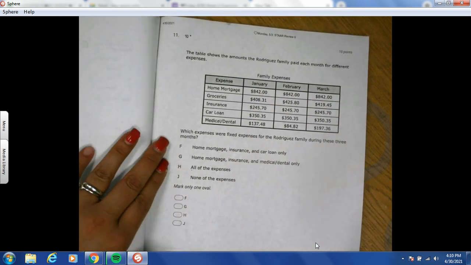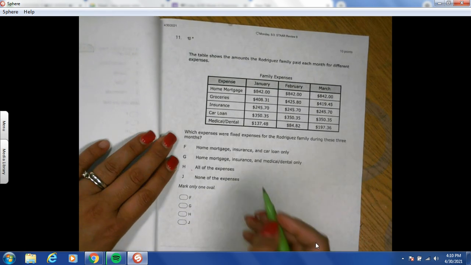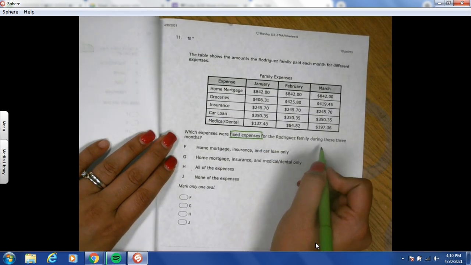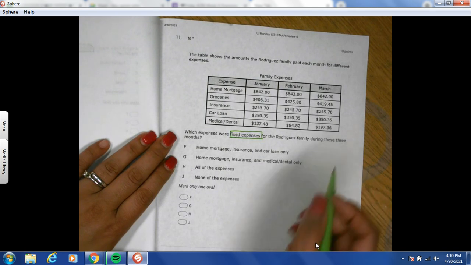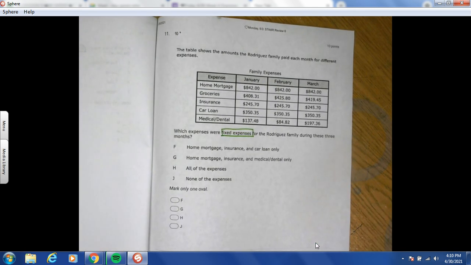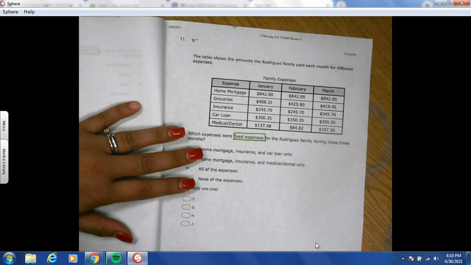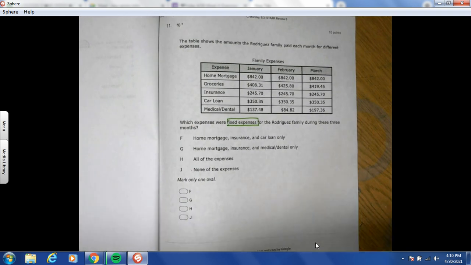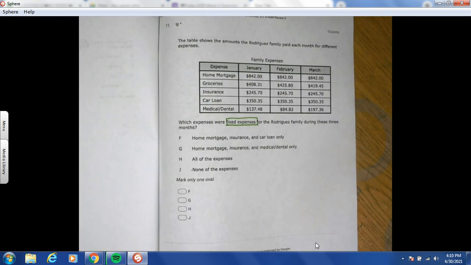And the last one, we're talking about fixed expenses and expenses that change. So expenses are things that you spend on. So estamos viendo los biles que se tienen que gastar, que viene siendo gastos fijos.